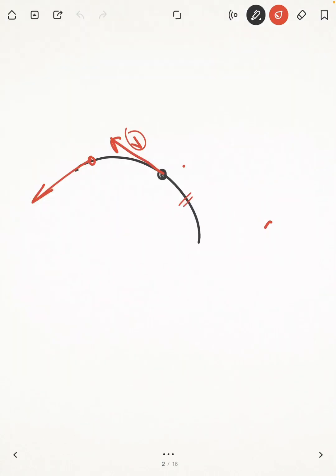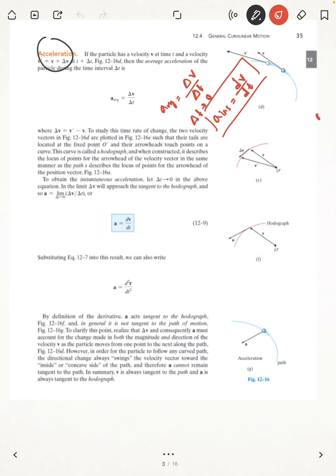And here we need to show how the change of velocity will look like. So at a time t, the velocity is v, and after a certain time, t prime, the velocity is v prime.